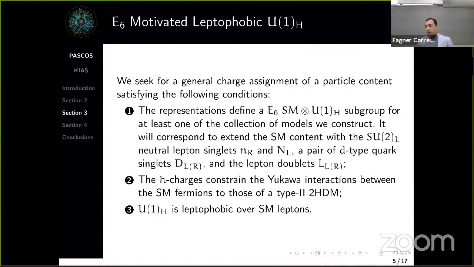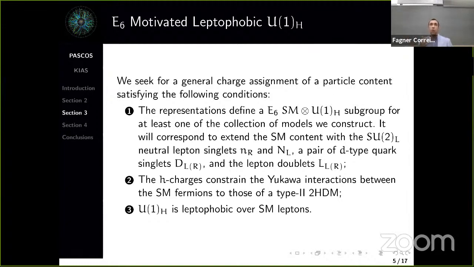And in our case, since, as I said, in order to accomplish the first criterion, that is, the model should be anomaly free, we are also free to add a totally arbitrary new physics content, like an exotic sector of our model.